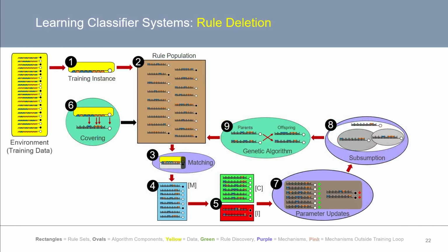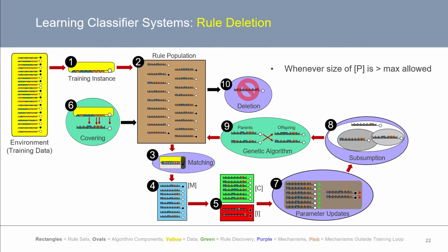Back to our schematic, the final step in our training cycle is rule deletion. Basically here, whenever the size of our rule population becomes larger than the maximum allowed, then a rule is selected to be deleted until the rule population size is back to the maximum. Normally, this maximum rule count is based on the sum of all rule numerosities in the current rule population.